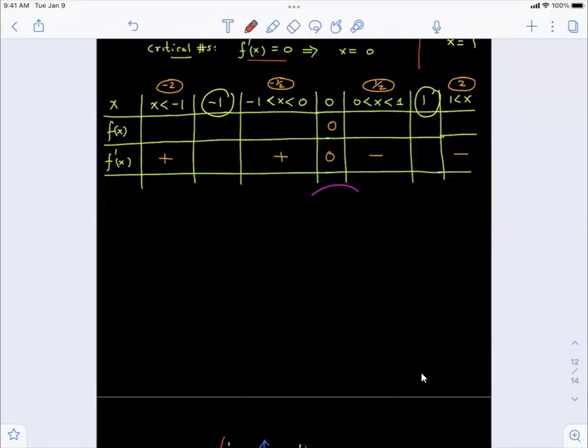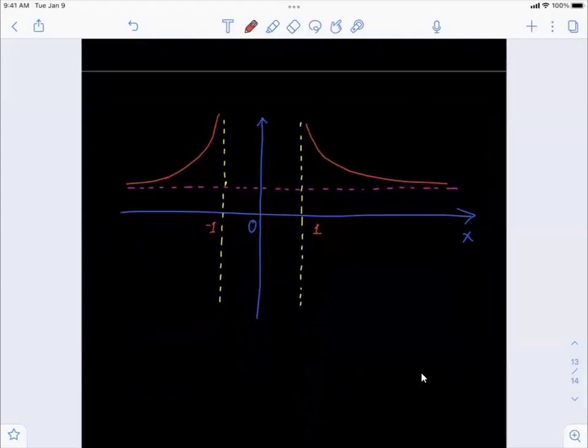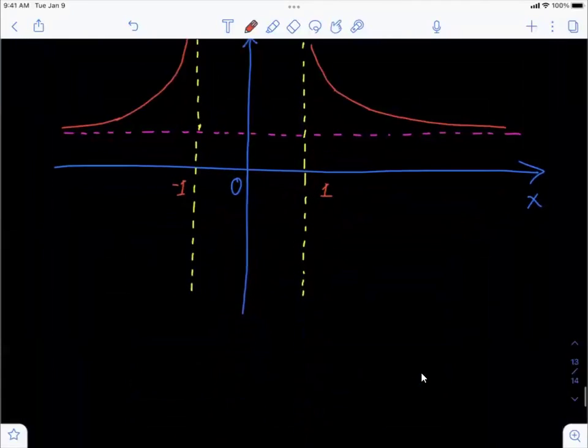What you see around this critical point is that it's going to be a maximum, with x coordinate being 0 and the corresponding y coordinate being 0. So I'm just trying to get that information, align it with the vertical asymptotes and say, this is how it would look.